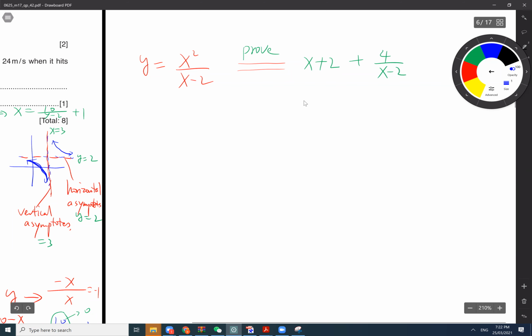In IB proofs, this side is called the left-hand side and this side the right-hand side. If you cannot go from the left-hand side, you can start from the right-hand side. The right-hand side equals this, which is just over 1.